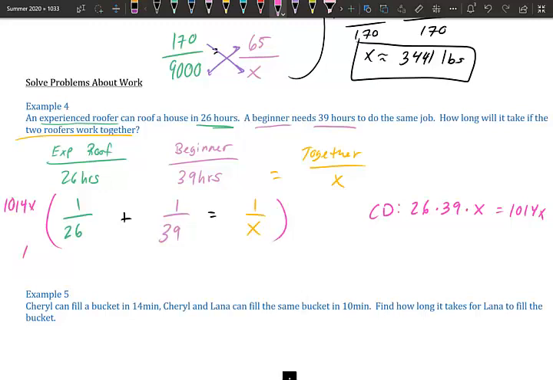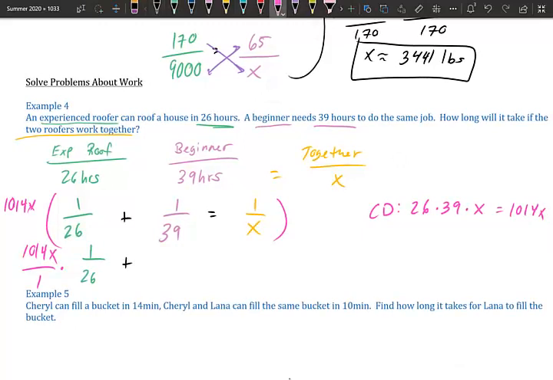So we have 1014x over 1 times 1 over 26, plus our LCD, 1014x over 1 times 1 over 39. And that equals our LCD times 1 over x.